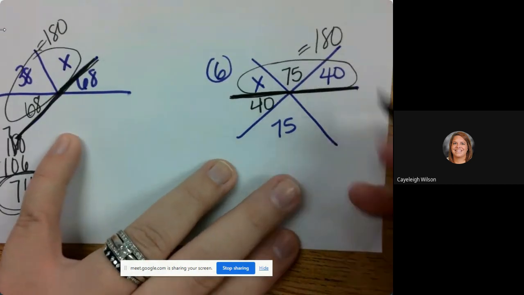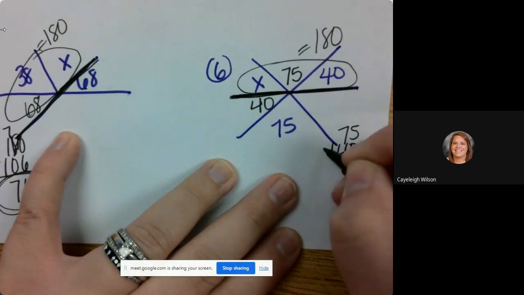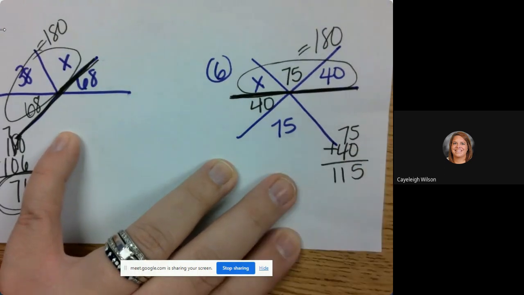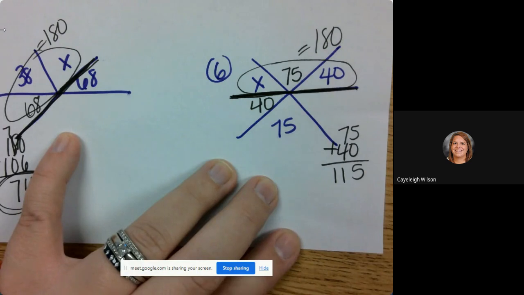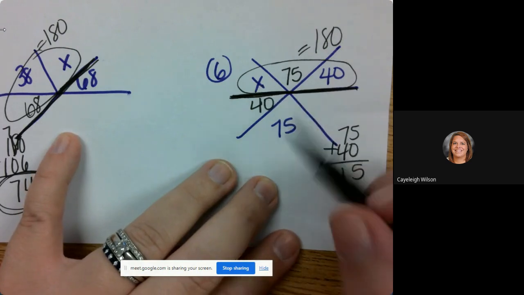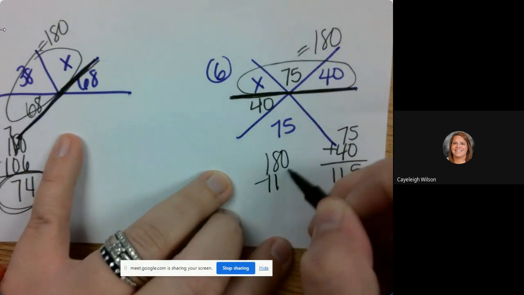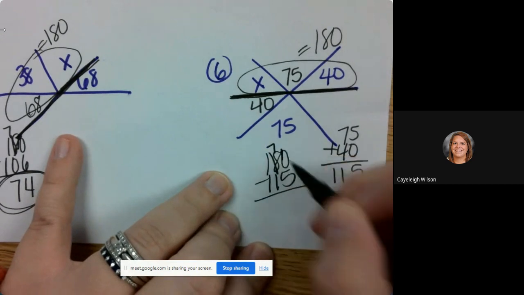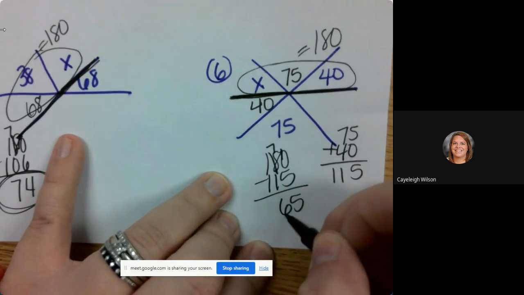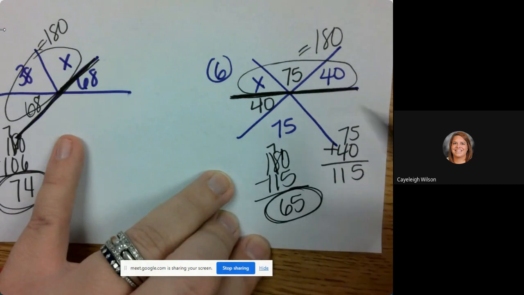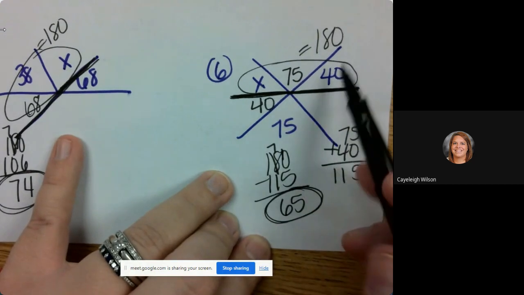So I can take that 75 and that 40 and add them together, which is 115. Then to find that missing angle, I'll take 180 minus 115. So that's 65. And is 65 plus 75 plus 40 180?